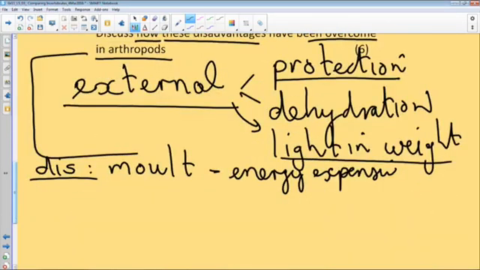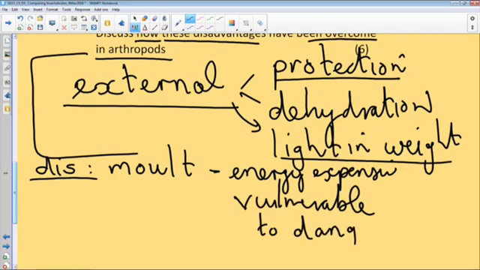They're energy expensive and they become vulnerable to danger because they lack their outer covering, and hence this increases their risk of being attacked or being destroyed or eaten up by other stronger organisms.